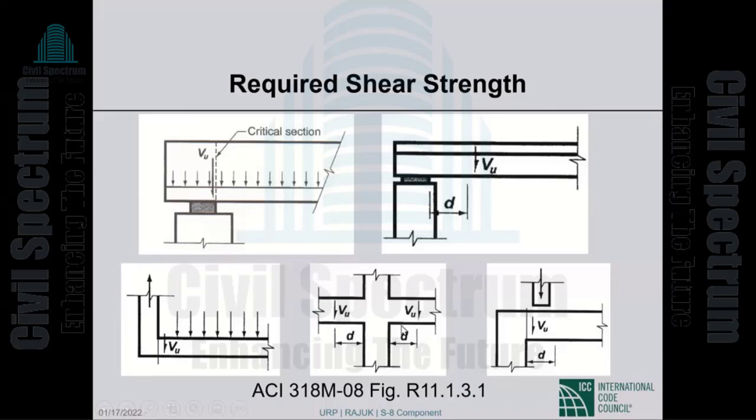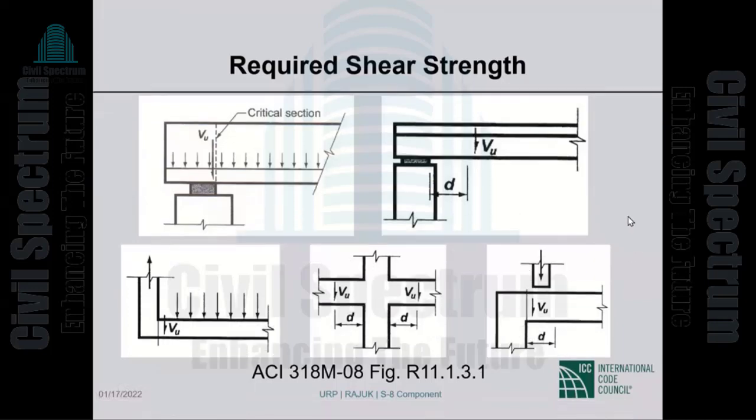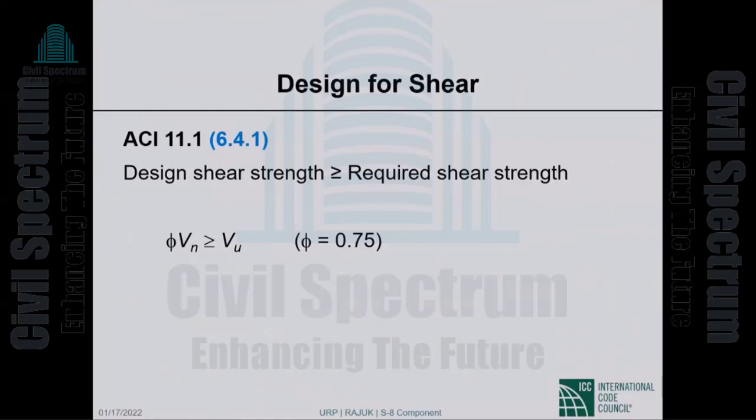It's a beam-column joint. There is compression at the support. The loading is at the top. The critical section is 1d away from the support face. Here, a concentrated load sits close to the support, so the critical section is at the support face, not 1d away from the support face.